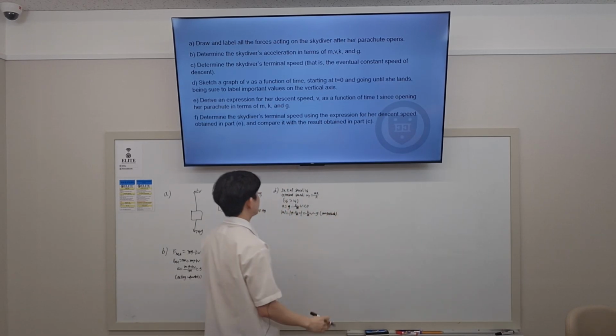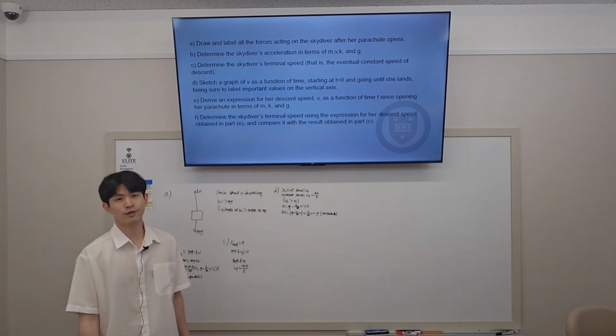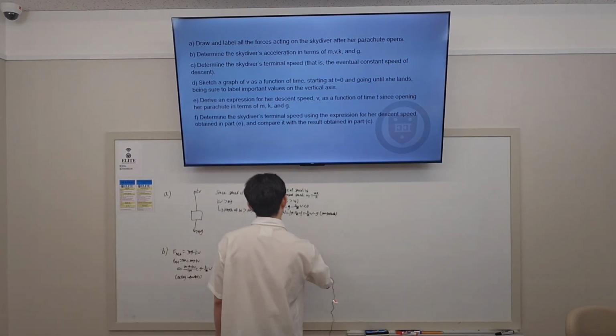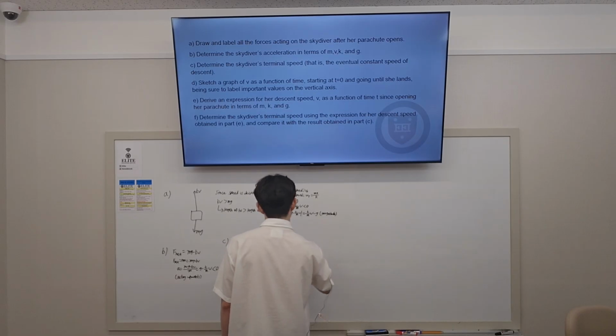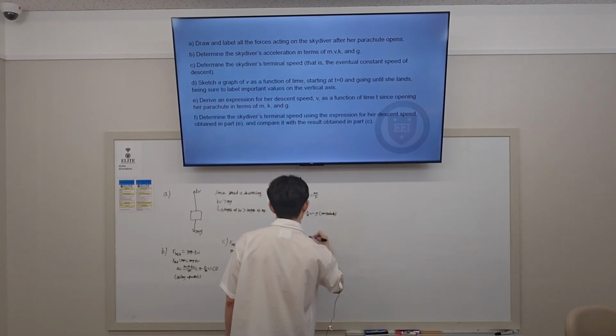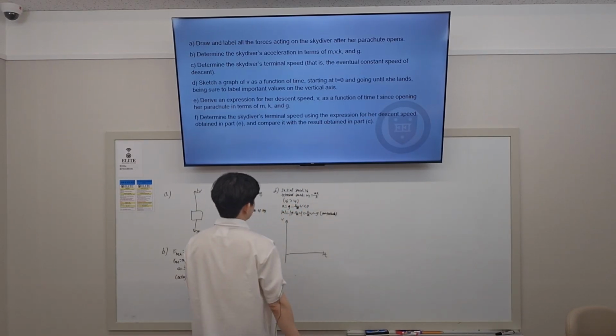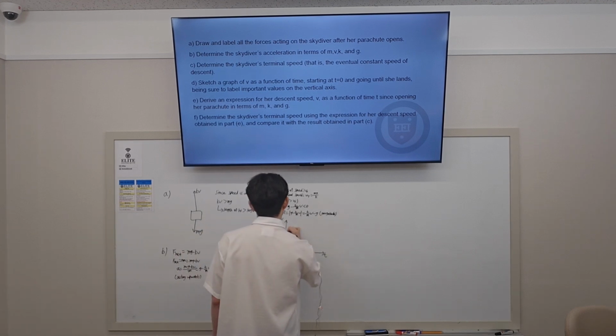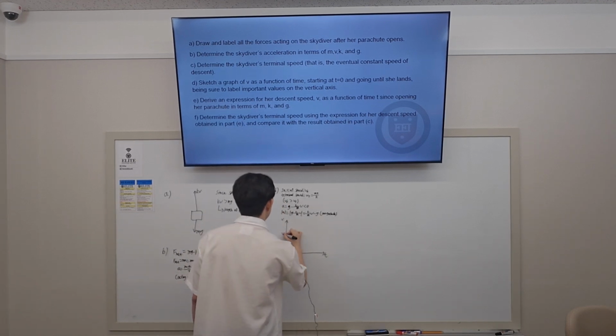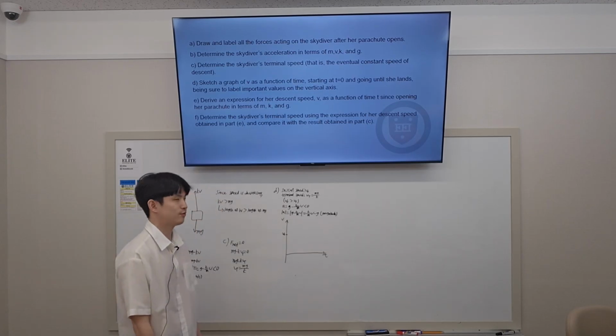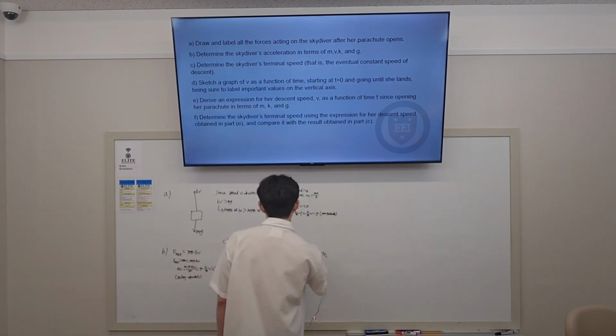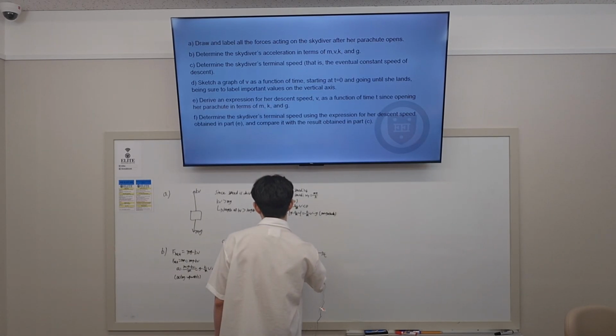So using this information, let's draw the v versus time graph. Let's say at time t equals 0, initial speed is v naught, and eventually you approach the terminal speed, which is mg over k.